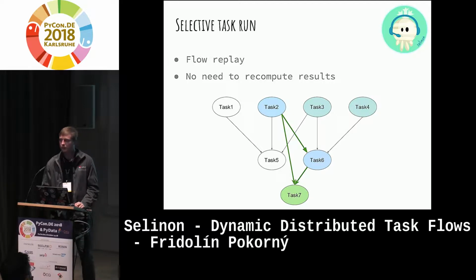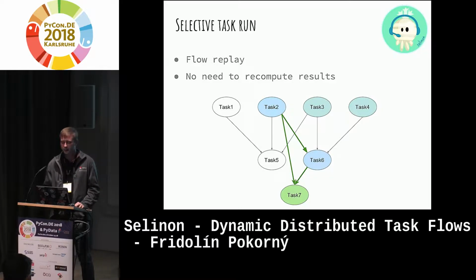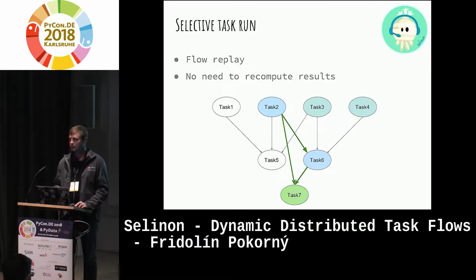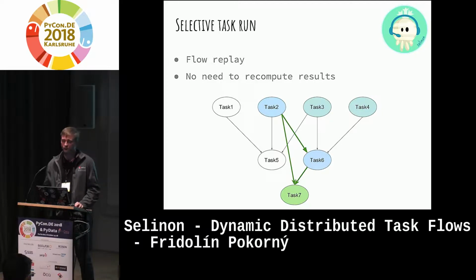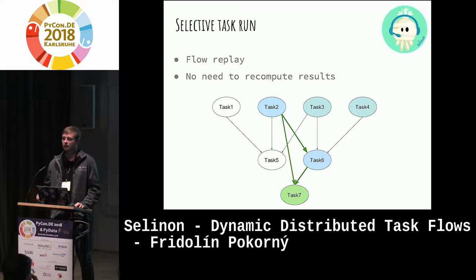What Selinon does for you is compute all the dependencies in the flow, so it knows that in order to run task 7, I need to run task 2 and task 6. And in order to run task 6, I need to run task 3 and task 4 as well. So it captures these dependencies and executes these tasks for you. The only thing you state is run task 7, so you don't mind the internal structure of the flow.